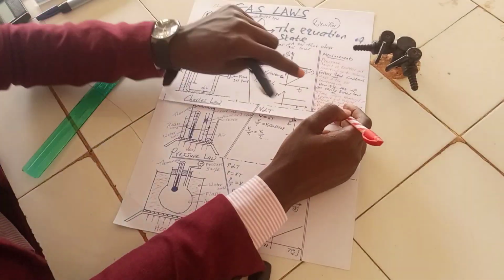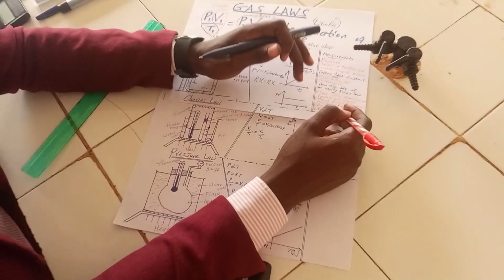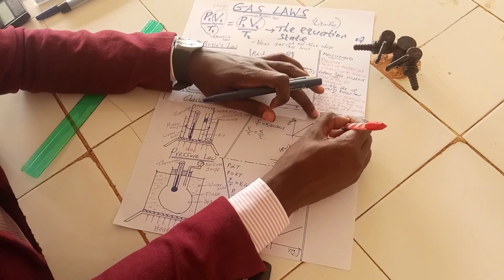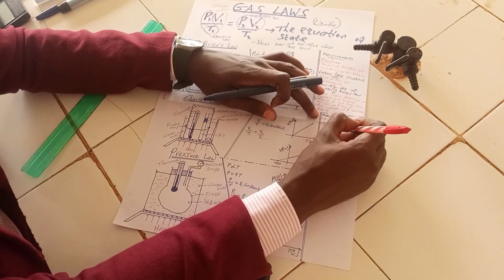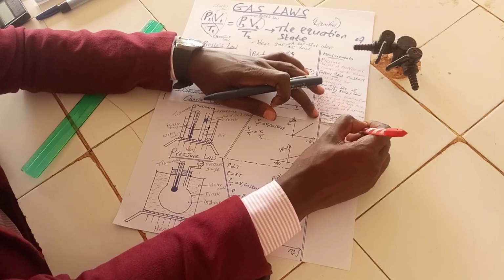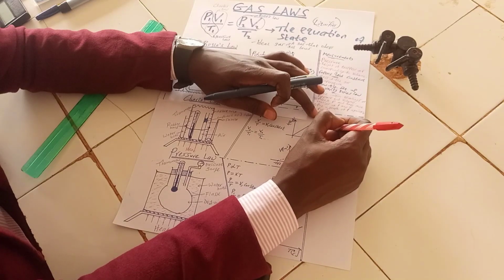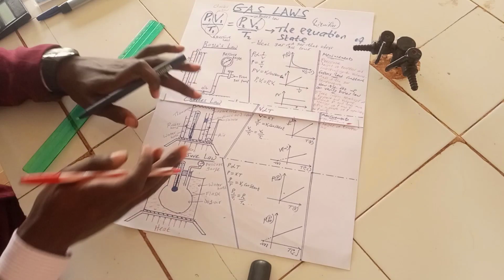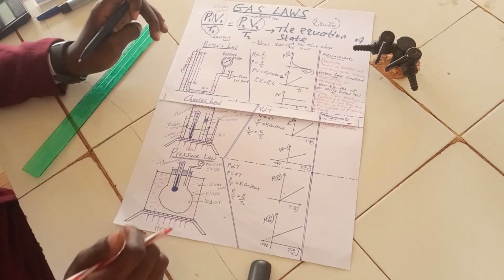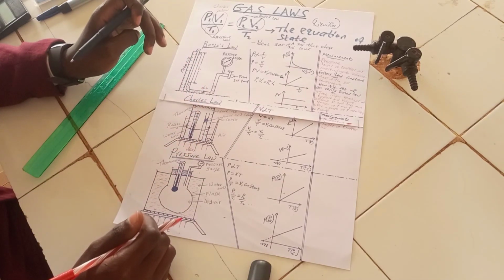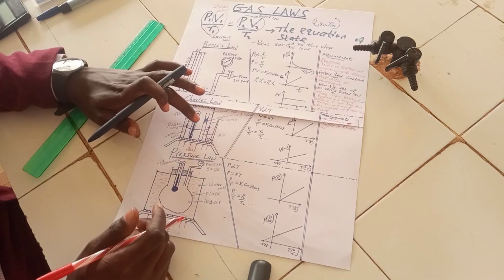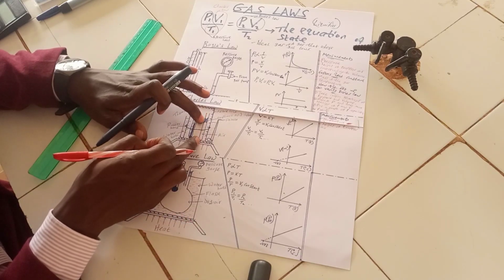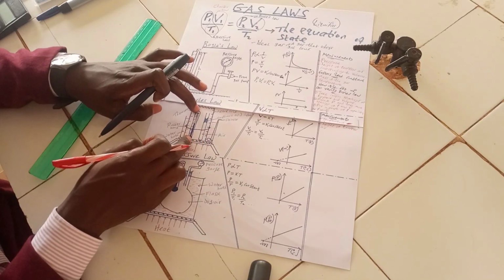We can also take the measurement of height of trapped air, which also corresponds to volume. In other words, that height, we are taking it to be the volume. So those are the two measurements: the height of this trapped air in the test tube and the temperature reading from the thermometer.